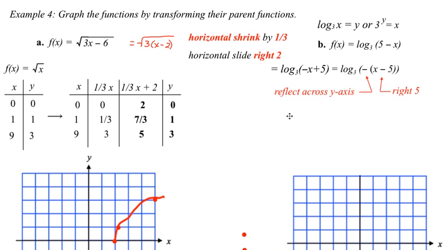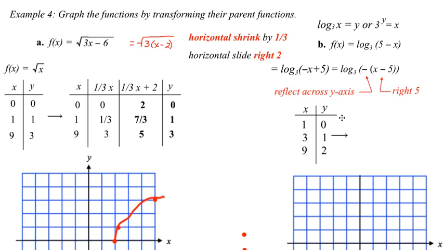So here we go. We need our table of values to begin with. I have our 3 values that work in the original function, where we have y equals log base 3 of x. If you don't understand where to get these, please ask me in class and I can explain that and do a little review of logarithms with you.